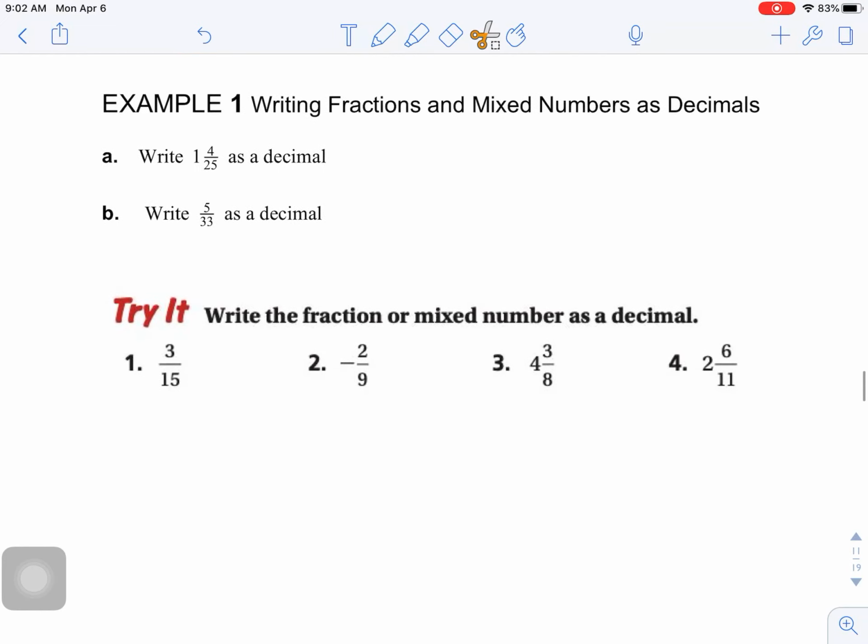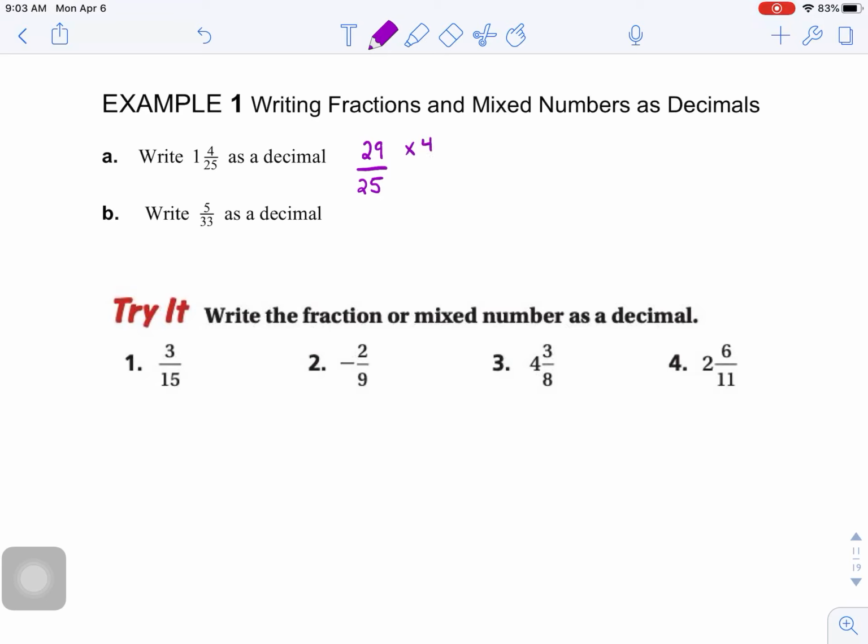All right, so if we were looking at the first example here, it says write 1 and 4/25 as a decimal. So if I was going to change this problem to a decimal, the easiest way for me to think about it is first I'm going to change this to an improper fraction. That would be 29 over 25. Then I'm going to get my denominator to 100.